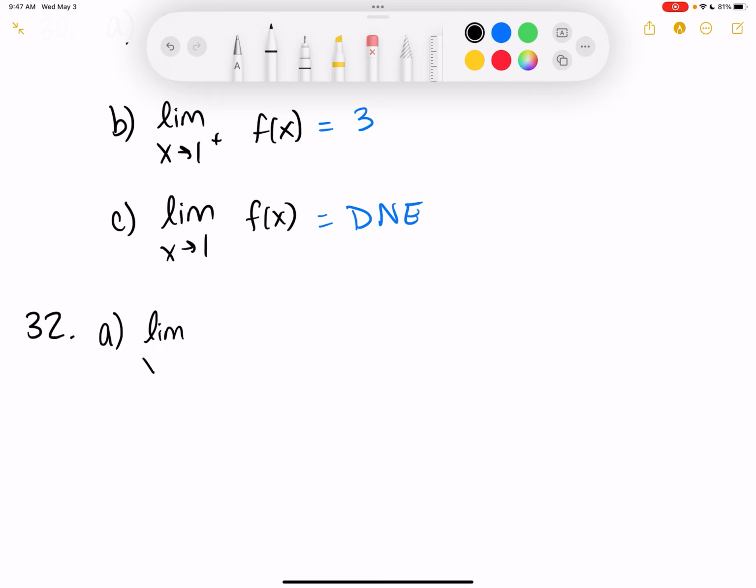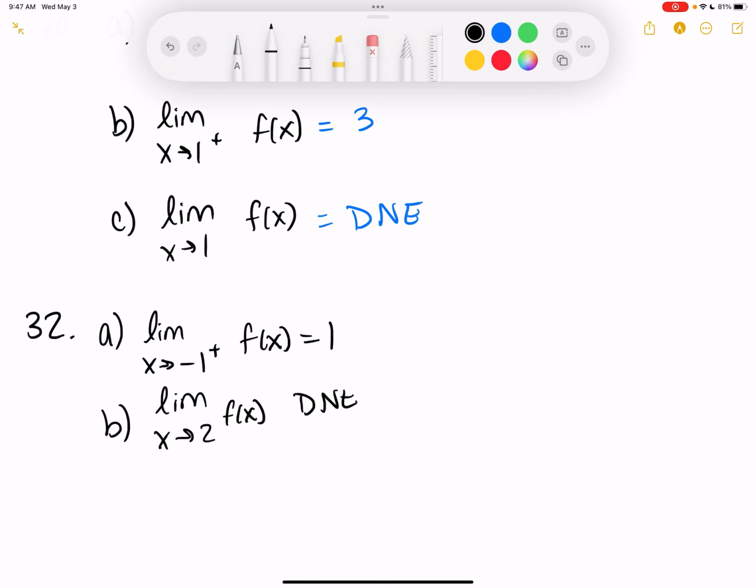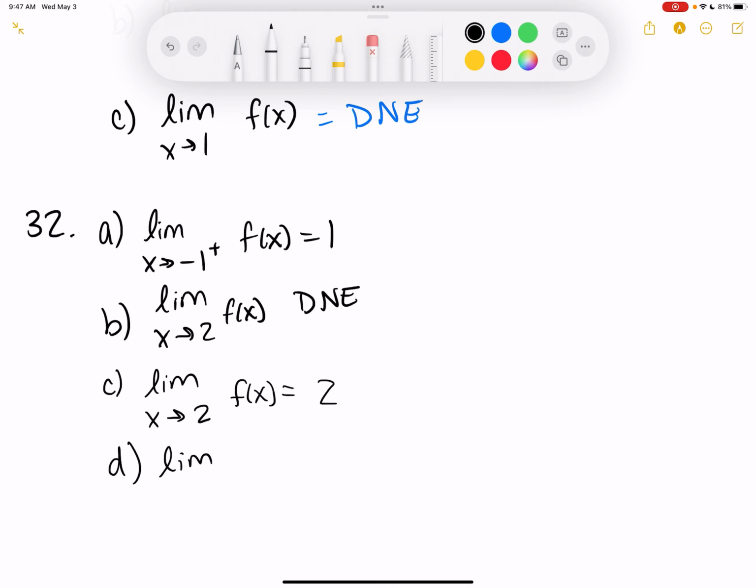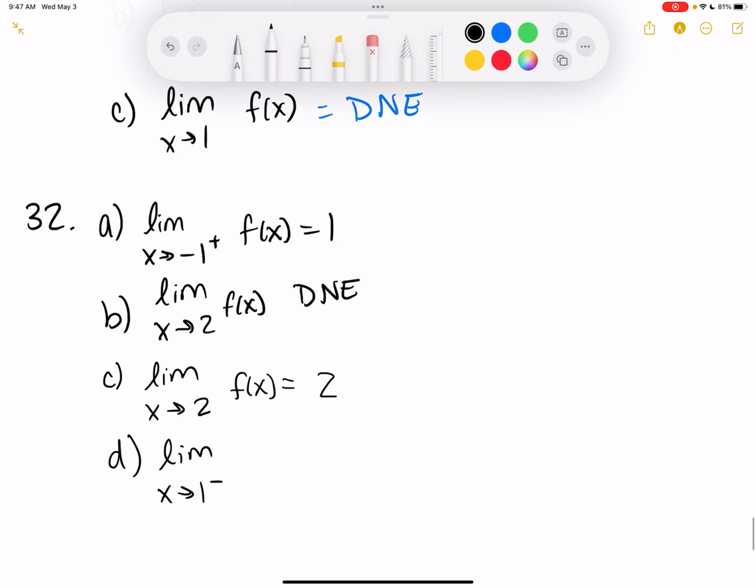The limit as x approaches -1 from the right of f of x is equal to 1. The limit as x approaches 2 of f of x does not exist. The limit as x approaches 2 of f of x is equal to 2. The limit as x approaches 1 from the left of f of x is equal to 2.